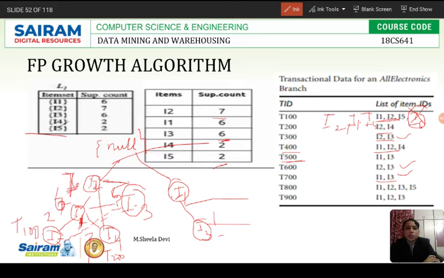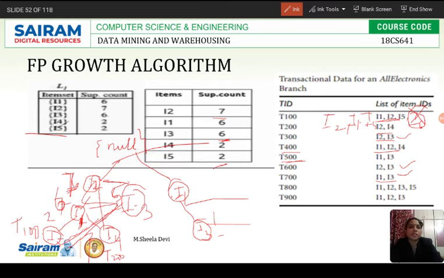And I1, I2, I3, I5: I2 is there, I1 is there, and I5 is there. So what I have to do now? It should start from I2, I1, then to I3, then again to I5. So it came like this.